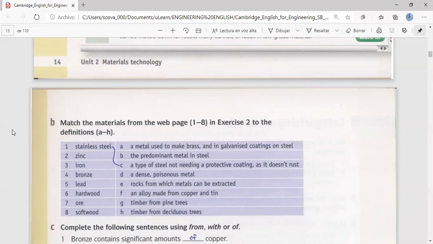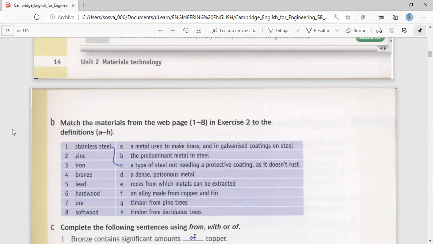What about zinc? Let me check. Zinc. Maybe it is the predominant metal in steel? No. Of which one?